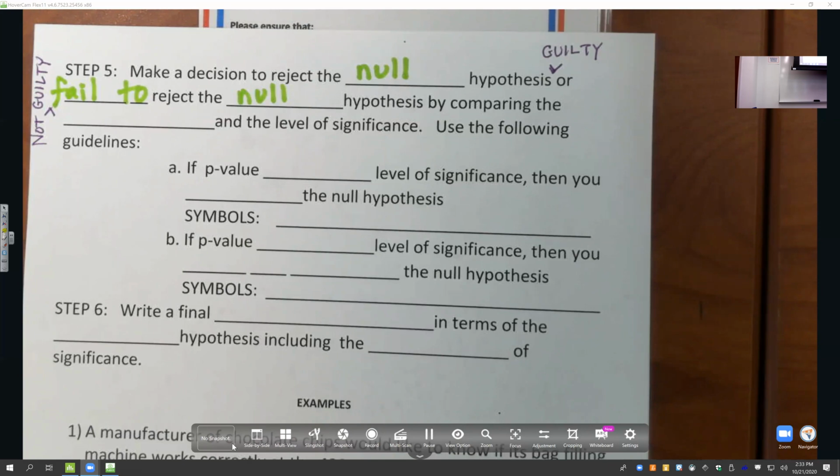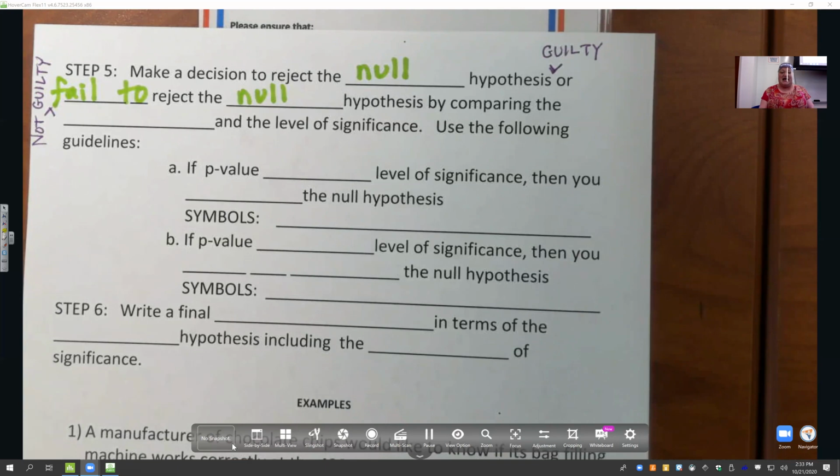Because remember, way back up in step 1, we've assumed that the null is true, just like we assumed the defendant was innocent until our evidence proved otherwise. But the evidence doesn't completely exonerate them. There's still that lingering bit of doubt. If we had different evidence, would we come to a different conclusion?